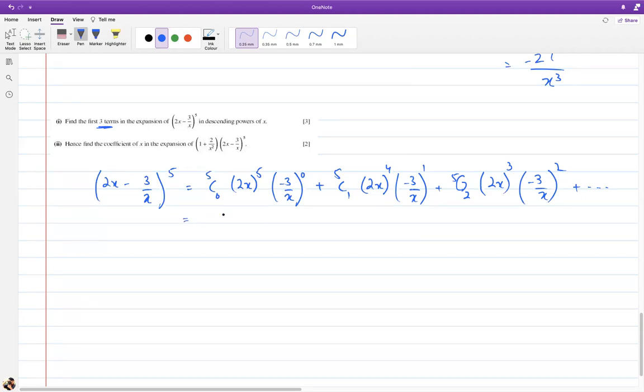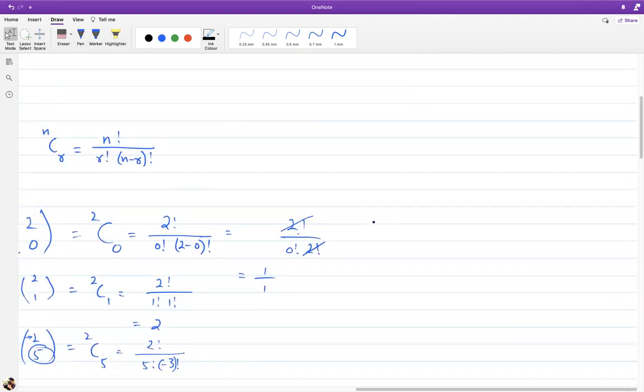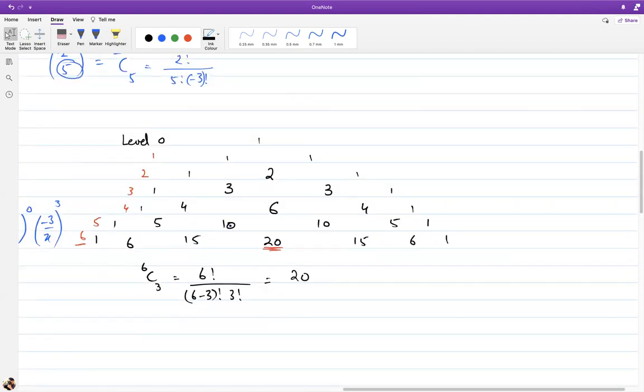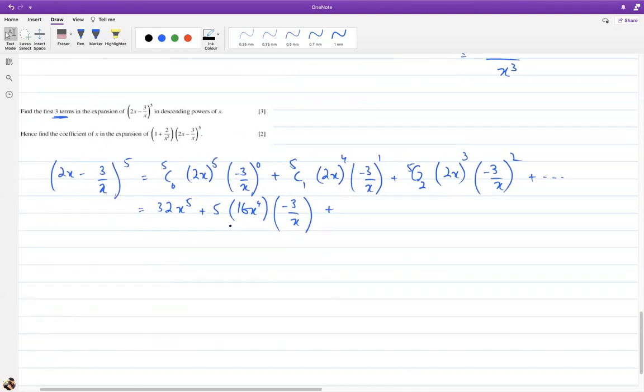5C0 is 1, (2x) power 5 is 32x power 5, and (minus 3 over x) power 0 is 1. Okay, 5C1 is 5. This will become 16x to the 4, and this will become minus 3 over x. 5C2, let's use this triangle. So 5C2 is going to be 10. So we'll just put it there. 5C2 is 10.